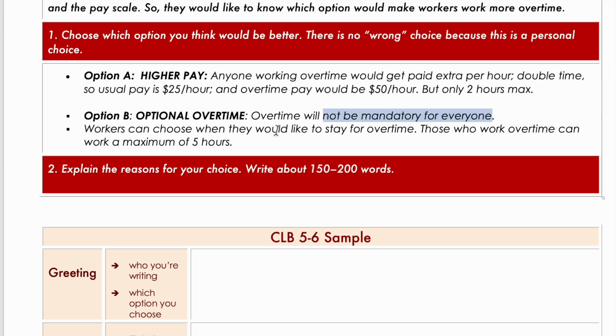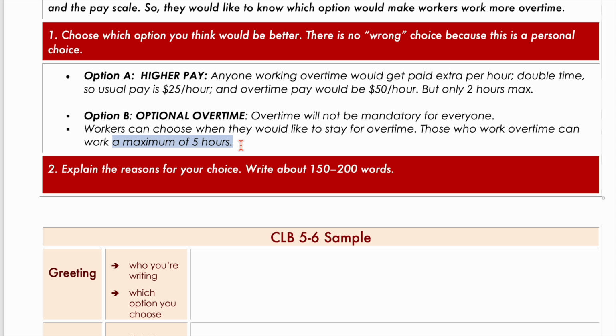Optional. So it says here workers can choose when they would like to stay for overtime. And those who work overtime can work a maximum of 5 hours. So if you decide to work overtime, then you can work up to 5 hours extra.